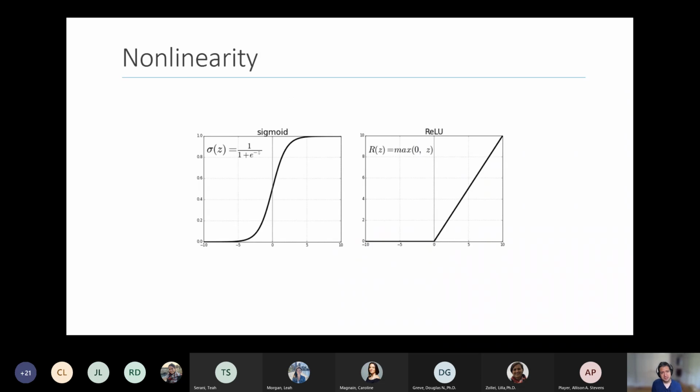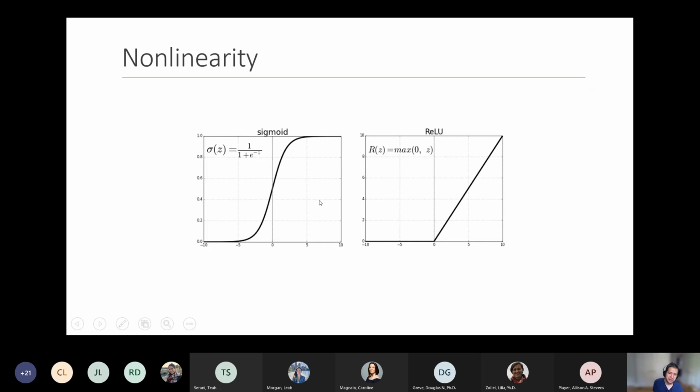Now, here's a couple of examples. These are the most popular nonlinearities that we have. One of them is a sigmoid, which is this formula up here, but the bottom line is that given any input between negative infinity and infinity, this nonlinearity will make the output be between 0 and 1, and it looks something like this.